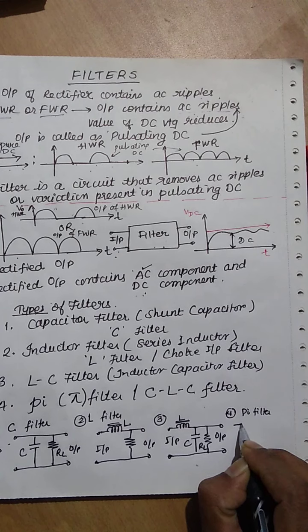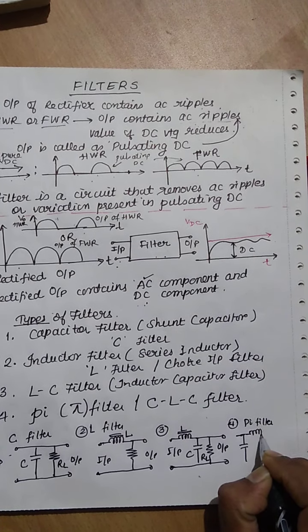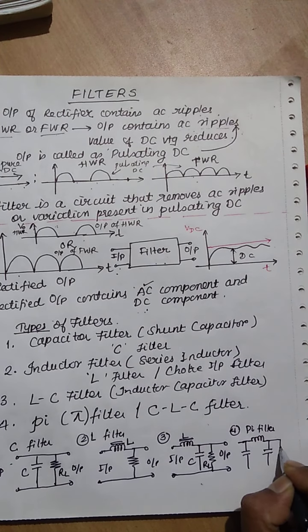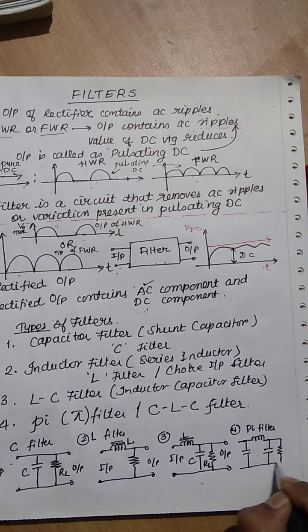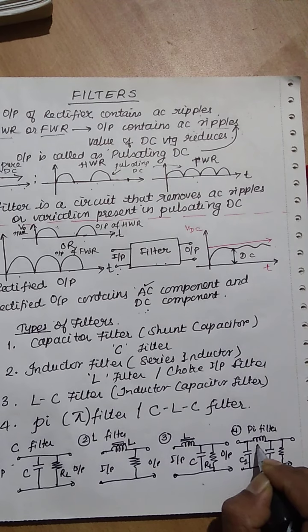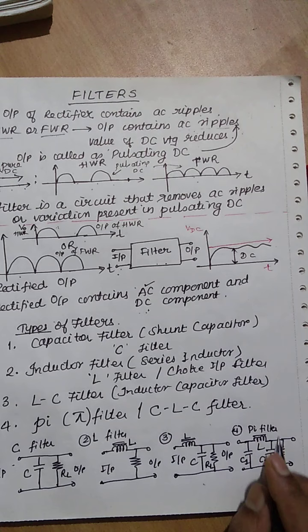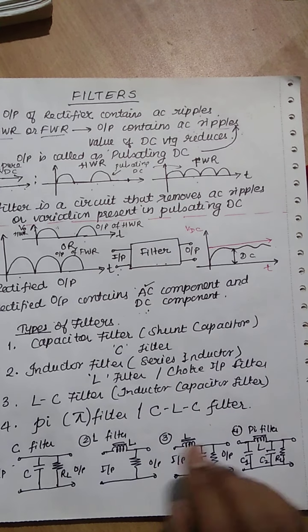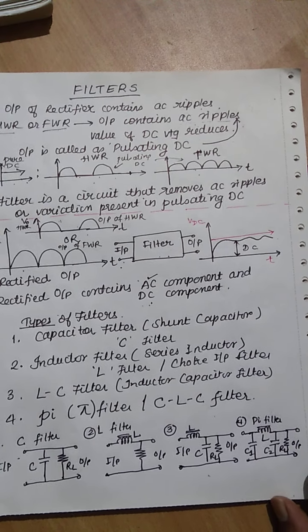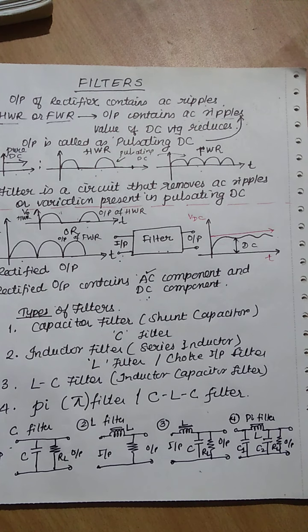So we have two capacitors and an inductor, again a capacitor in parallel with the load. C1, L and C2, and this is RL. You have the output.